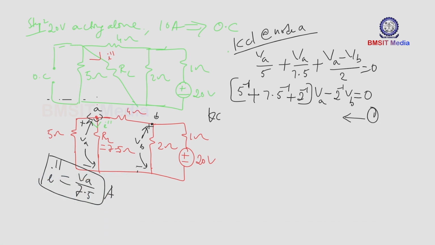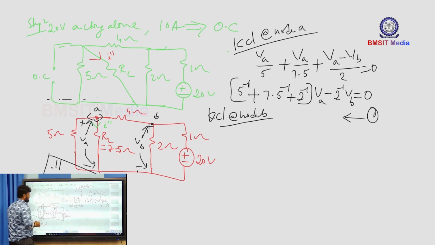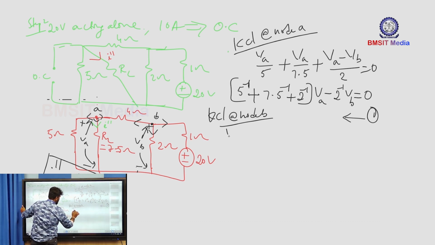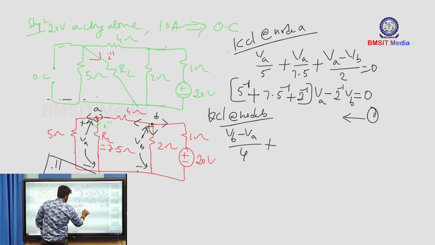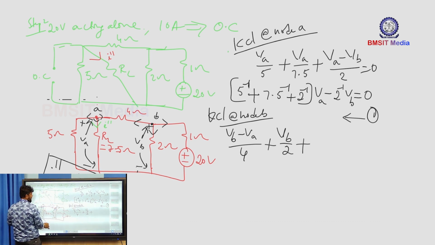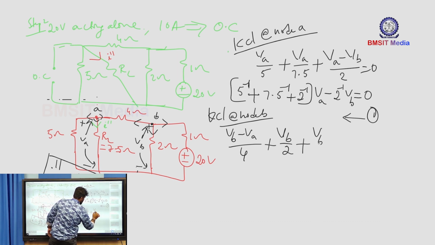Now apply KCL at node B, again considering all leaving currents. The current through the 4 ohm resistance is VB minus VA divided by 4, plus the current through the 2 ohm resistance, VB divided by 2, plus the current through the 1 ohm resistance, VB minus 20 divided by 1, which is equal to 0.